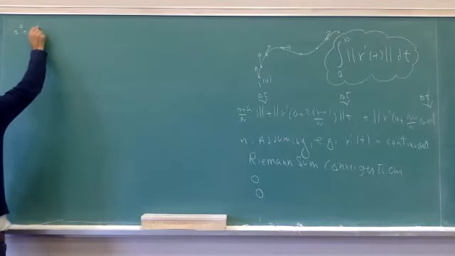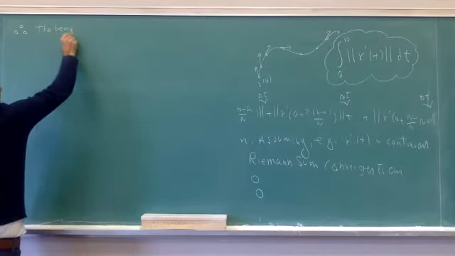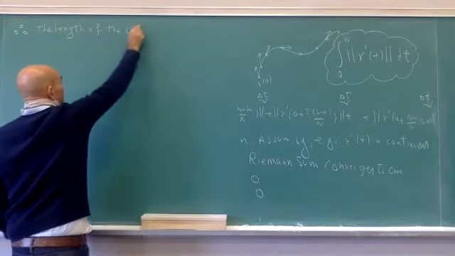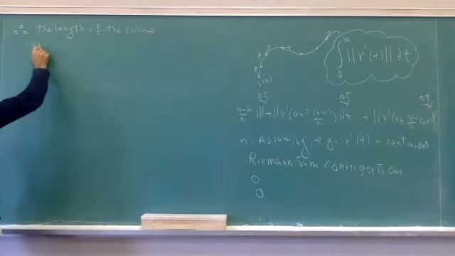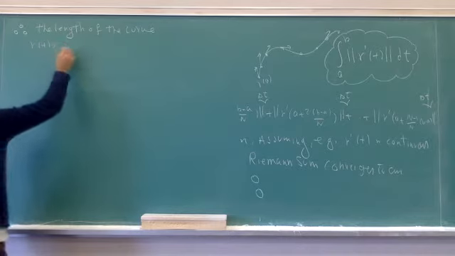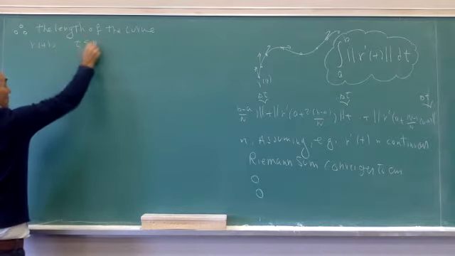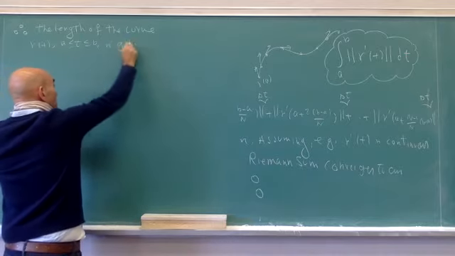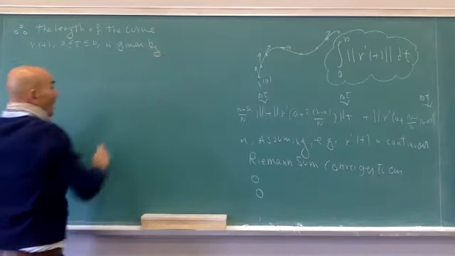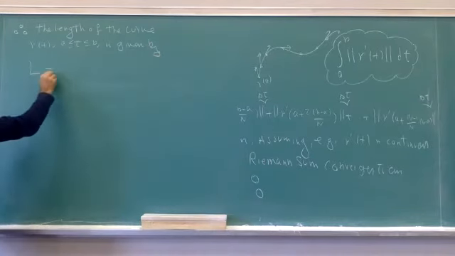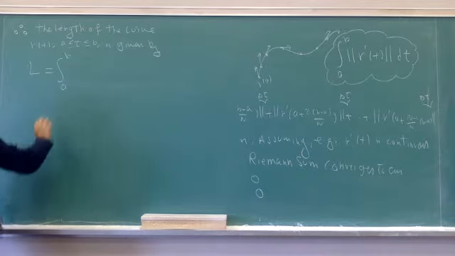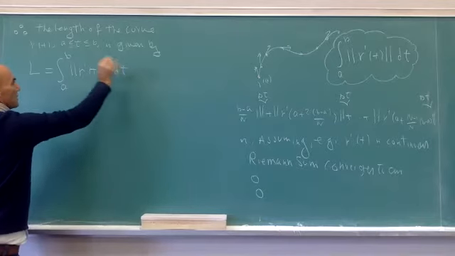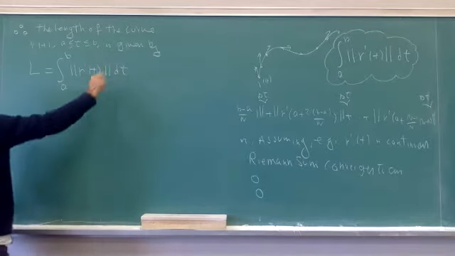So the length of the curve r of t, t between a and b, is given by L. I just write L as the integral from a to b of the norm of r prime of t.